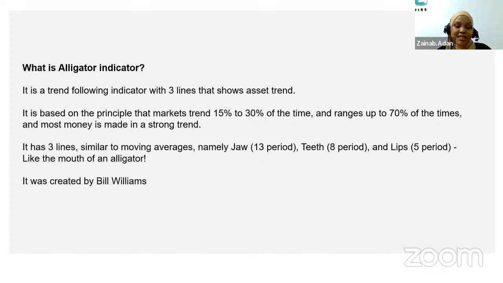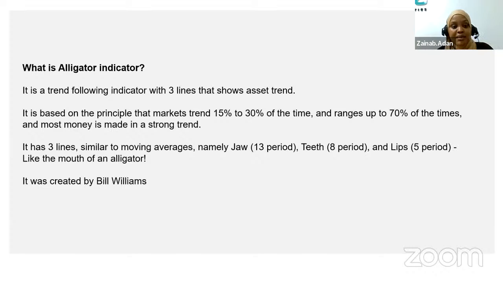Today we are looking at trading with alligators. So let's start. What is an alligator indicator? It is a trend following indicator with three lines that shows asset trend. It is based on the principle that markets trend 15% to 30% of the time and range up to 70% of the time, and most money is made in a strong trend.